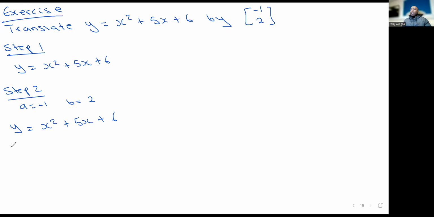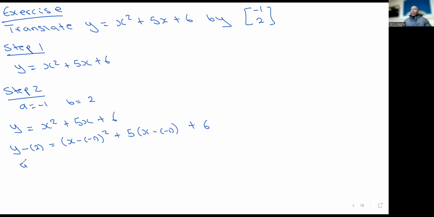Anywhere we see y, we replace it with y minus 2. So it's going to be y minus 2 is equal to, anywhere you see x, you replace it with that. So it's going to be x minus -1 all squared plus 5 times x minus -1 plus 6. Then what do we do? We open the bracket here.